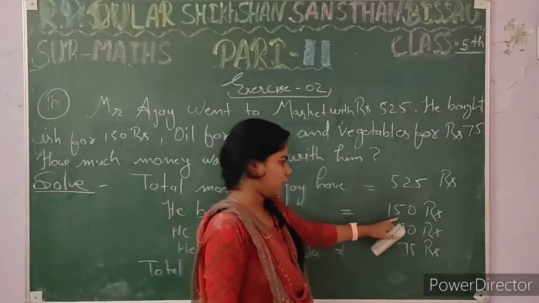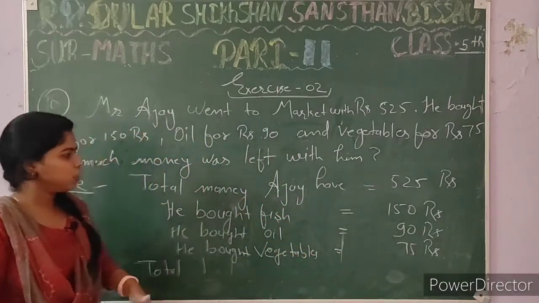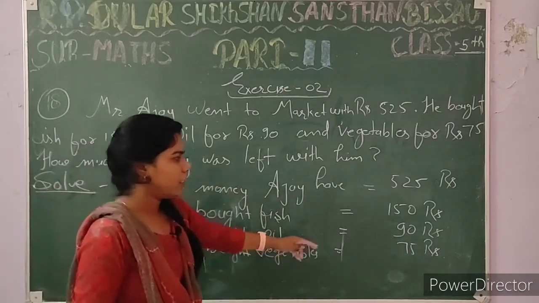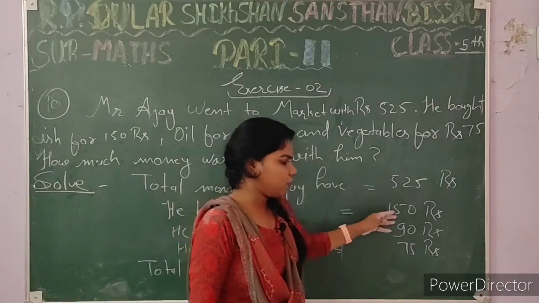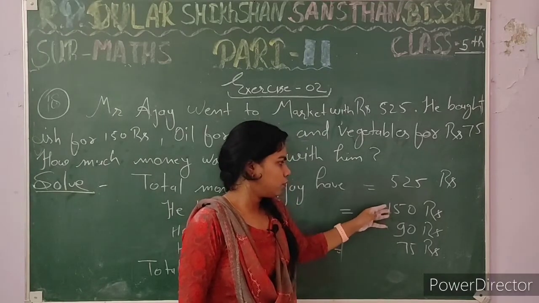Okay, we add 150, 90, 75 rupees because he bought 3 things, fish, oil and vegetables. So total he bought 3 things.